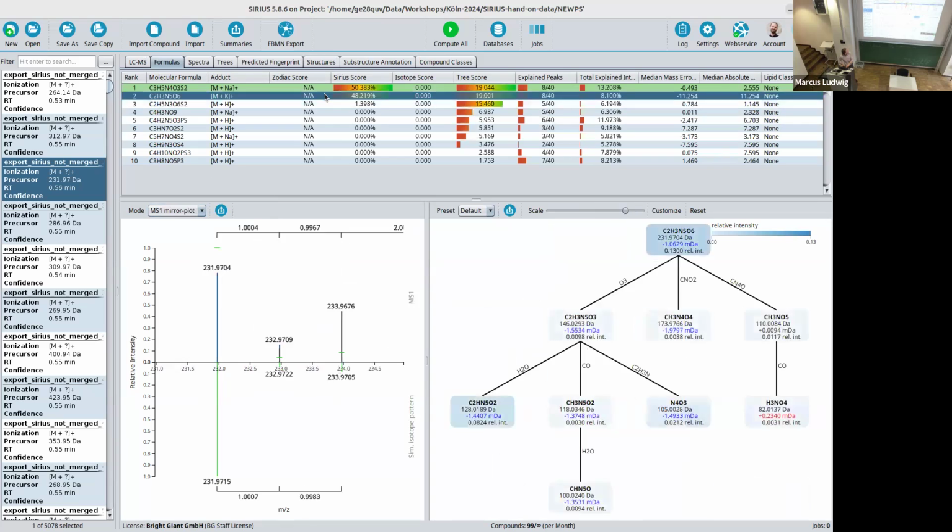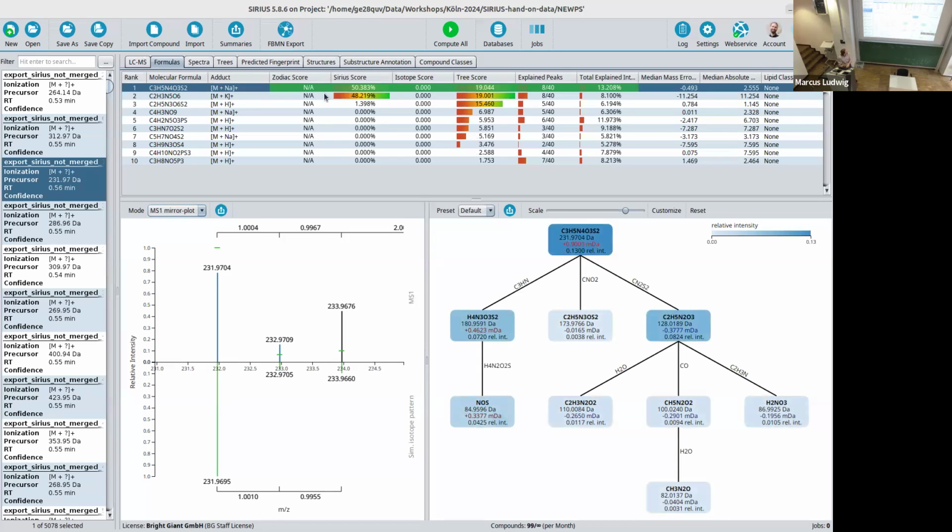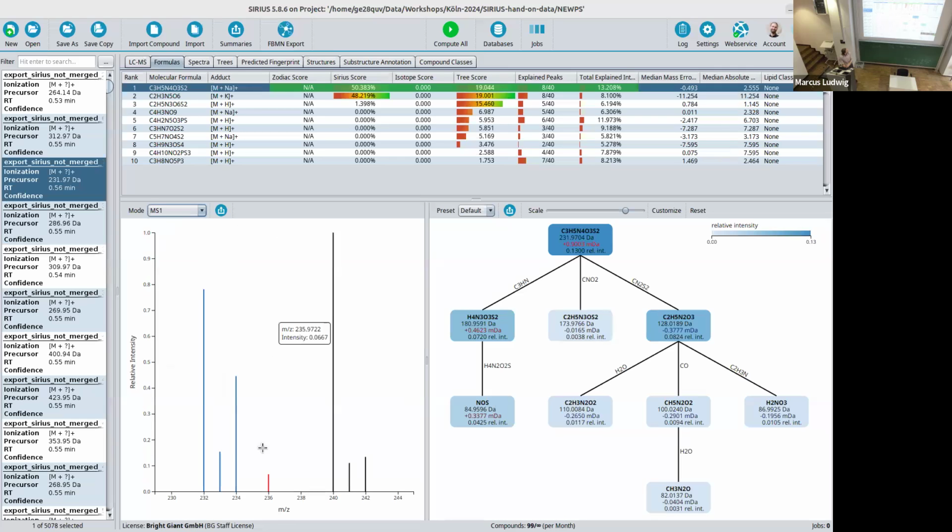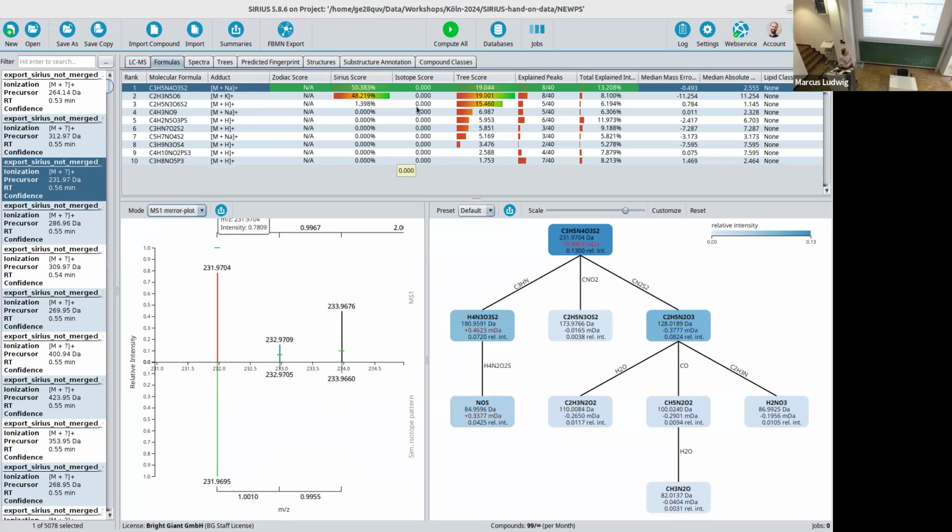So maybe there's either some rare element in there or something was wrongly combined with the isotope peaks here.